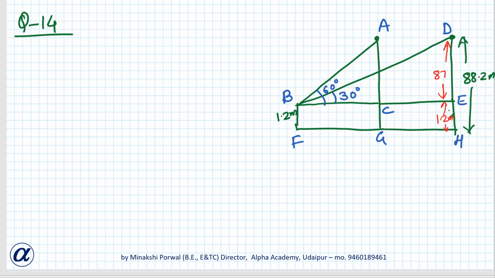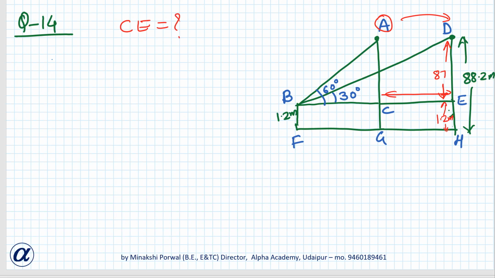Okay. Now, first of all, what we have to find? The distance the balloon traveled. Basically we have to find this distance, because the balloon was here and it moved to here, so what is the distance? So we have to find CE. That is unknown.